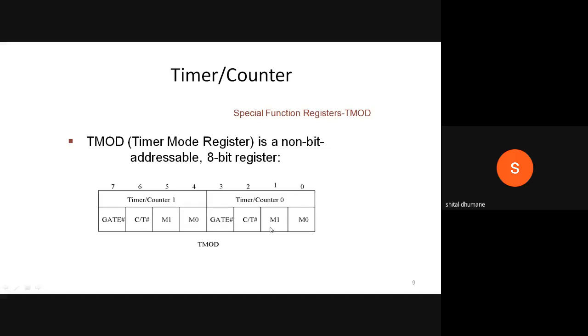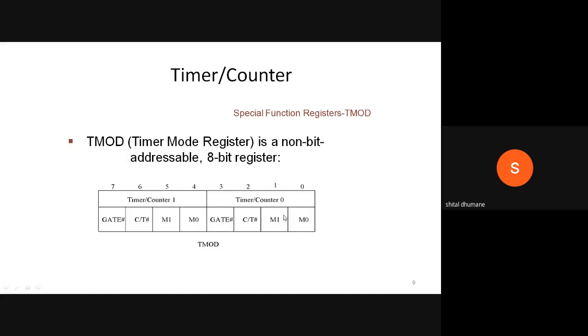This is the 8-bit register. The lower bits, D0, D1, D2, D3, these 4 bits are assigned for timer 0, and the next higher bits, 4, 5, 6, 7, are assigned for your timer 1. You can see that the 4 bits are common: M0, M1, C/T bar and GATE.